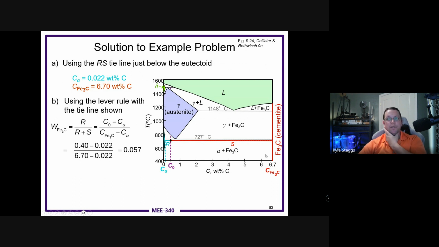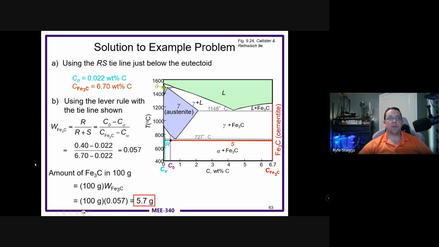So our 6.7 minus our alpha of 0.022 gives us our 0.057. So the weight fraction of the carbide, or the cementite, is very low, which is something that we would expect to see. We would expect that to be fairly low.